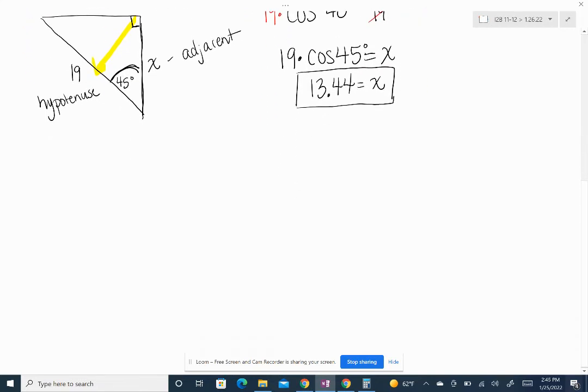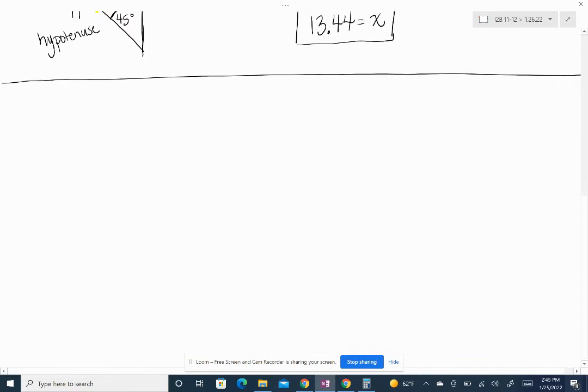Okay, let's take a look at another problem. Let's say we have this triangle right here. Okay. And let's say this is 22 degrees.